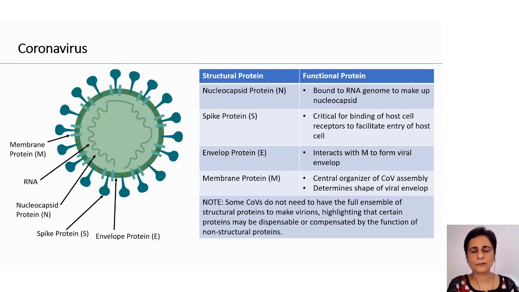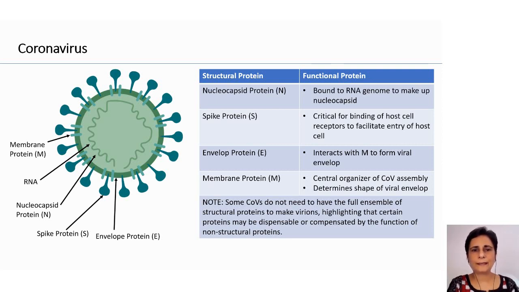The first is the nucleocapsid protein, which is bound to the RNA genome. And then we have the spike protein, which forms the corona on the surface of the virus. This is critical for binding to the host cell receptors to facilitate entry of the virus into the host cell.